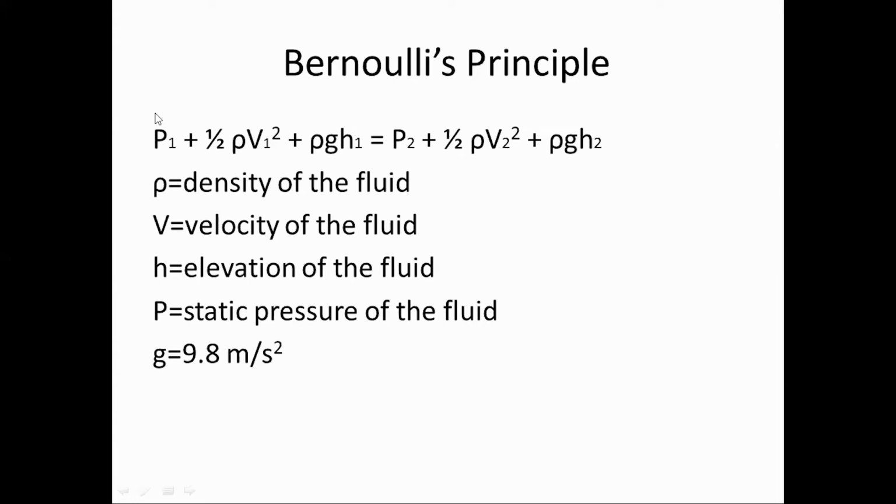So P1 is the pressure of the fluid, the static pressure of the fluid. Then 1/2 rho v squared. Rho, again, is the density of the fluid, and V1 is the velocity of the fluid at moment one, squared. Plus rho gh. Rho again is density, g is 9.8, the acceleration due to gravity, and h is the elevation of the fluid.